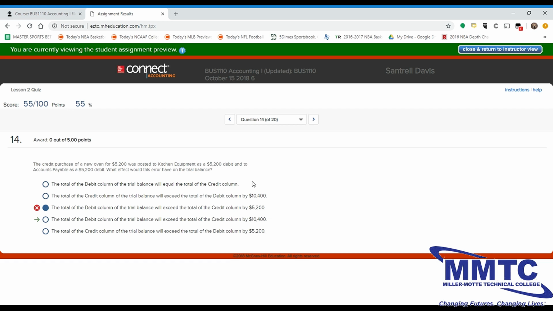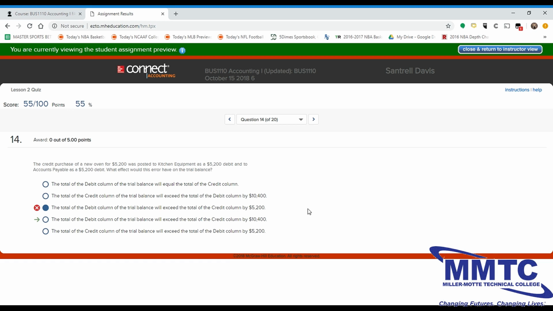Right. So trial balance. Y'all remember that? The debits and the credits have to equal. The trial balance is just a conglomerate of all the accounts for that company on that particular statement. So this question says that the credit purchase of a new oven for $5,200 was posted to kitchen equipment as a $5,200 debit and to accounts payable as a $5,200 debit.